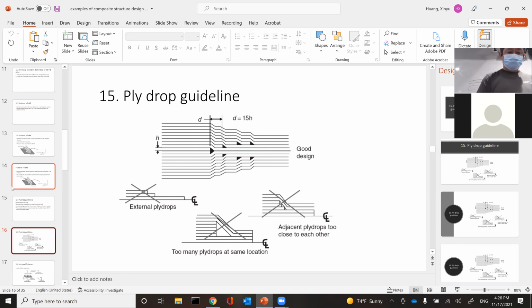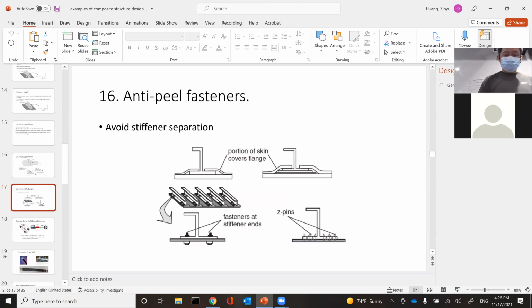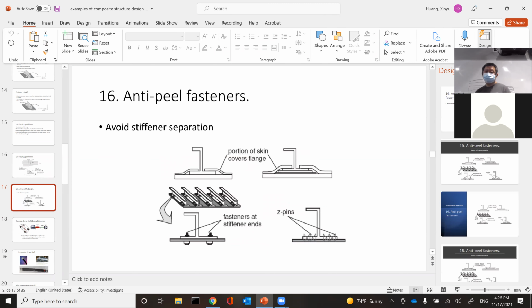All right, we're very close to the end of it. And this is anti-peel fasteners. Anti-peel fasteners are placed when you have a stiffener used for reinforcing a panel. It's strongly recommended at the four corners, two at one side and two at the other side. You put in fasteners at those locations to keep the stiffener from peeling out.